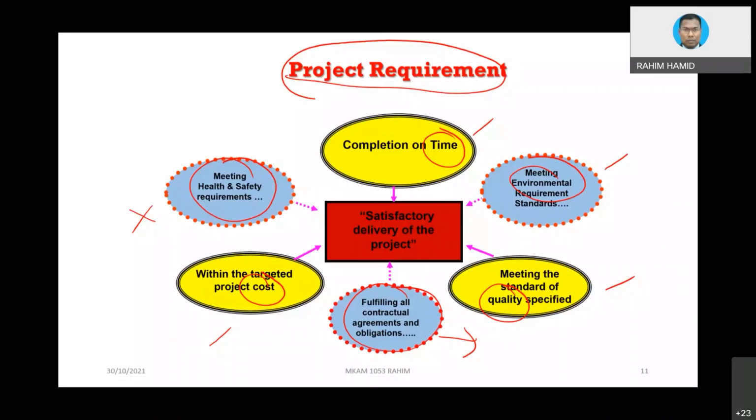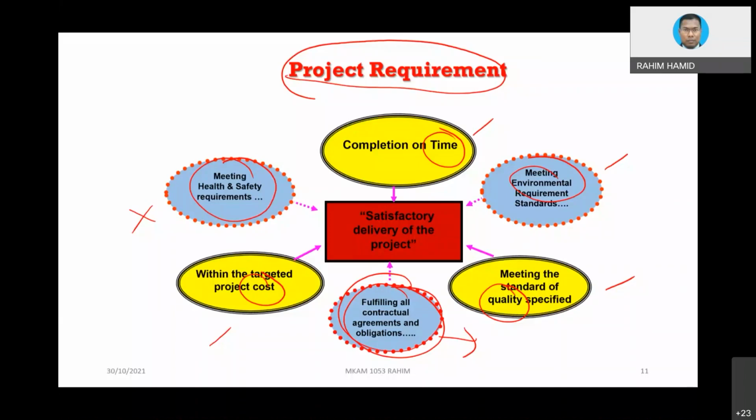And lastly, contractual obligation. Contractual obligation means there are clauses, terms and conditions between both parties that have to be fulfilled. The client might not be happy if you complete all these things but there are certain things that you do not fulfill, or vice versa.